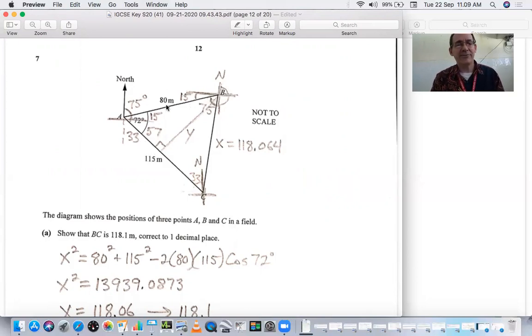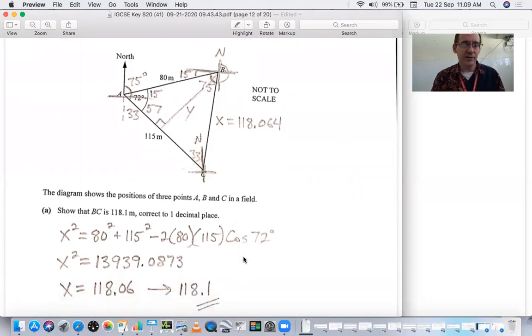However, we do not have a side and its corresponding angle. So that means we need to use the law of cosines. And we want to find this side over here, opposite the angle that we have. So x squared equals 80 squared, the one side, plus 115 squared, the other side, minus 2 times 80 times 115 times cosine of the angle across from the side we're solving for.